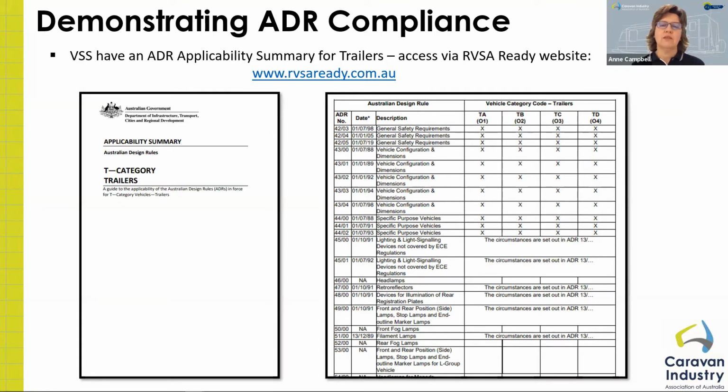Usually our caravans and camper trailers fall into the TB category. So you'll see TB category in the second column here, and all the X's down below mark the ADRs that are applicable. And there are one or two that are circumstantial, so it refers to another ADR for the details. So looking at this table will give you all the relevant ADRs.